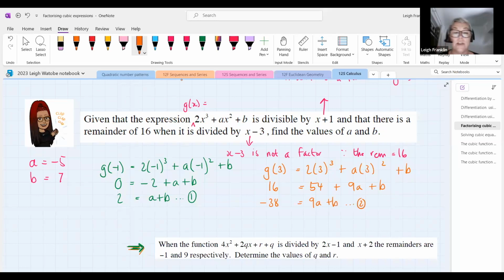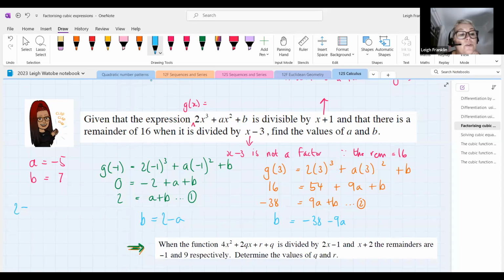Now, Katleho, you said, can you make b the subject of both and then equate them together? Absolutely, you can. So for equation number 1, b would be equal to 2 minus a, because you've taken the a over to the other side. Here, b would be equal to -38 minus 9a. You can then equate those two expressions.